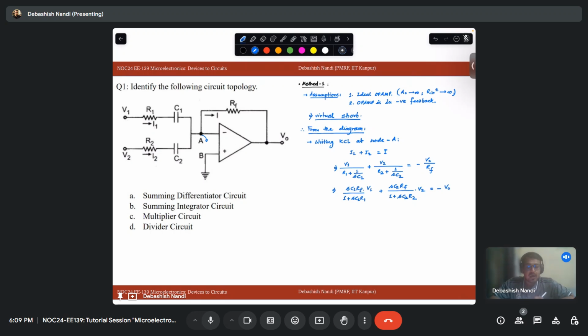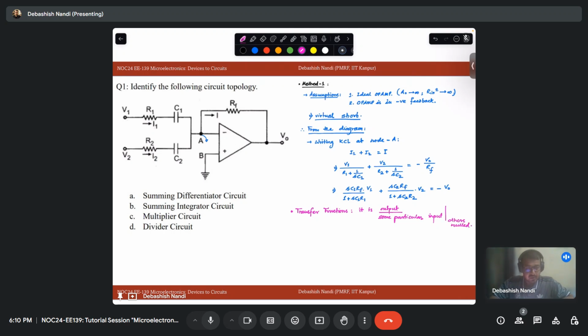Now you need to understand one thing: when we talk about transfer functions, it is output over some particular input, when the other inputs are nulled.